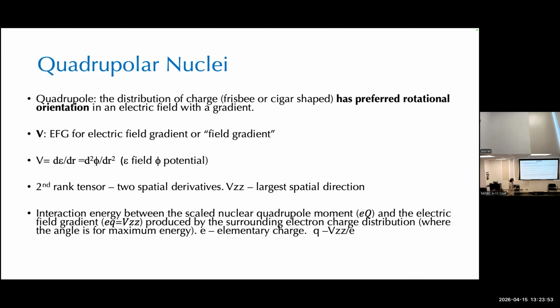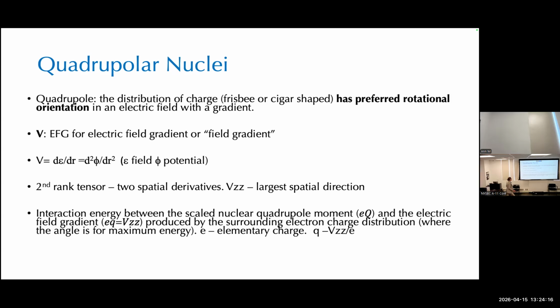If you go to the direction where it's the largest, the steepest, that's always the z direction, and we may refer to it in the Hamiltonian as V sub z, the largest spatial direction for the second derivative of the potential, or the derivative of the field.